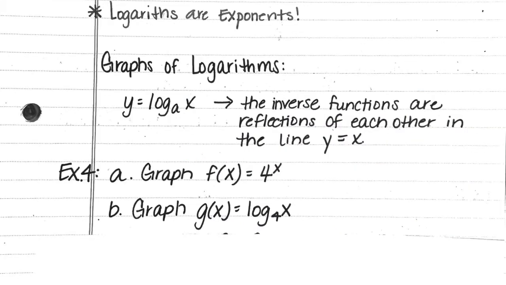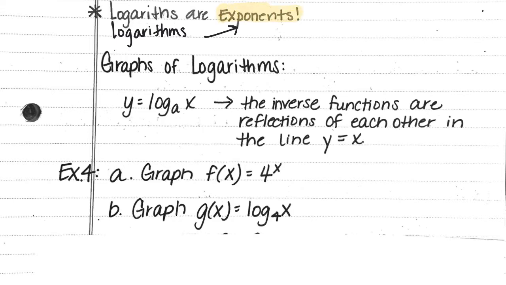One thing that I really want to strongly remind you of is that logarithms are exponents. And we forget that a lot. Remember, it's super easy because they're exponents, and we want to make sure that we're just looking at them as exponents.